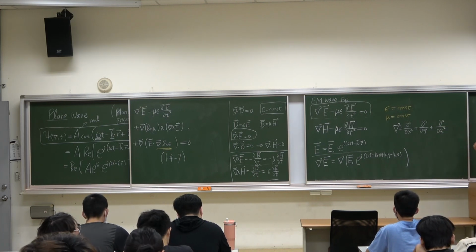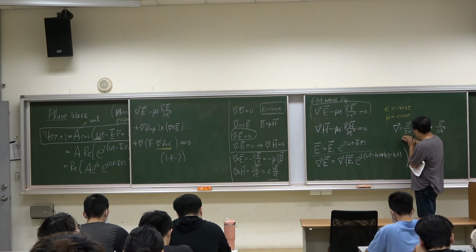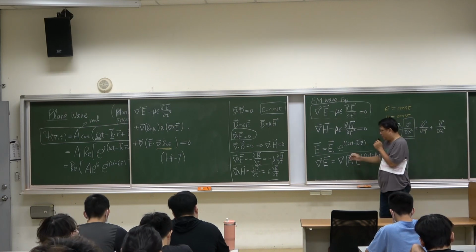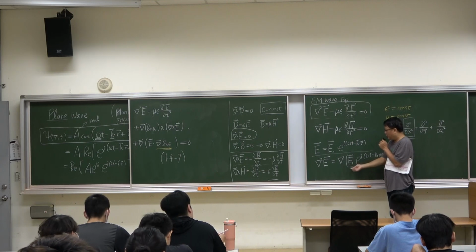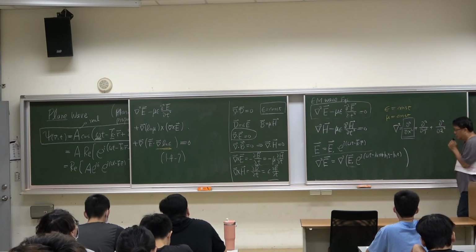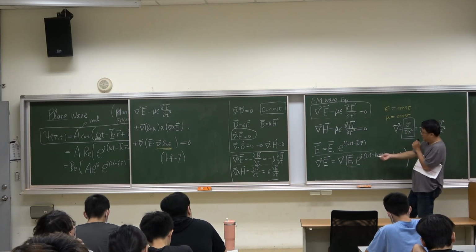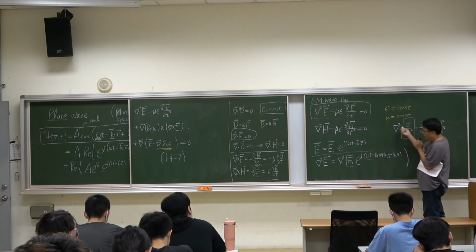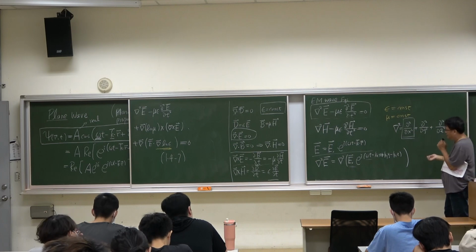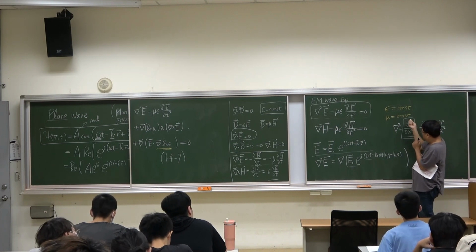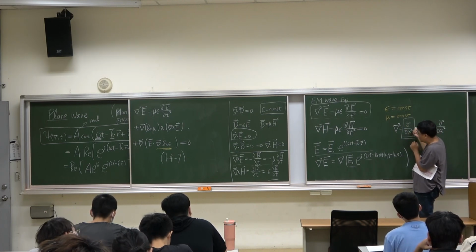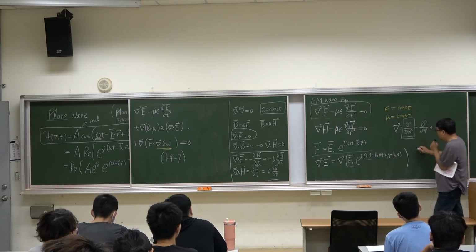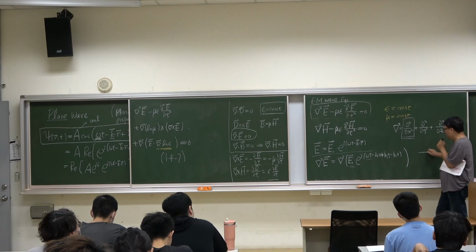If you apply this operator to this expression, since the coefficients are constants, and the exponential i omega t has nothing to do with the space derivative, the partial derivative with respect to x is applied only to this part.